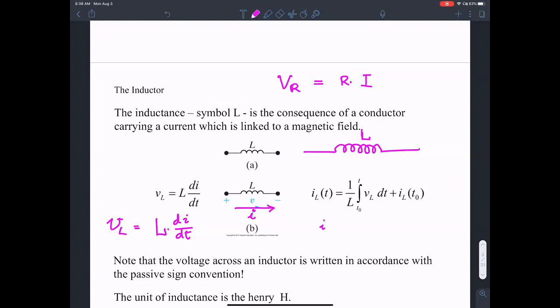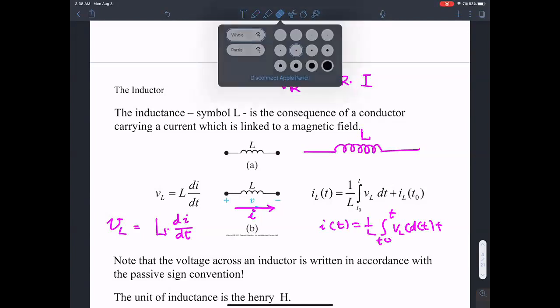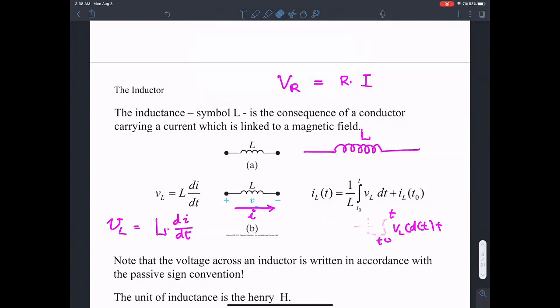We can rearrange this: I equals 1 over L times the integral from t0 to t of VL dt, plus some initial condition, the current at time t equals 0. Using calculus, we can rearrange in terms of VL and IL.